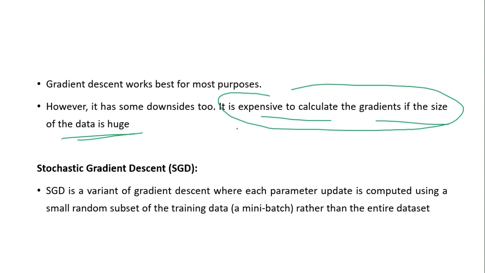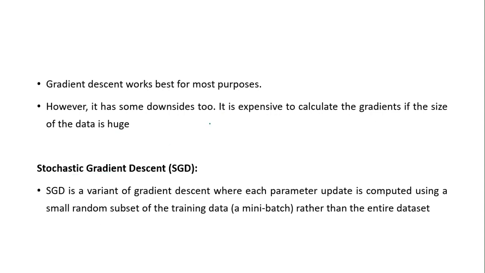Now, in order to overcome that drawback, we have one more algorithm, that is stochastic gradient descent. It is actually an updated version of gradient descent. Now it is also simple. Assume that you have 10,000 samples, 10,000 images or 10,000 records.